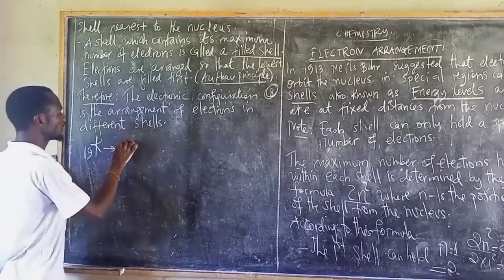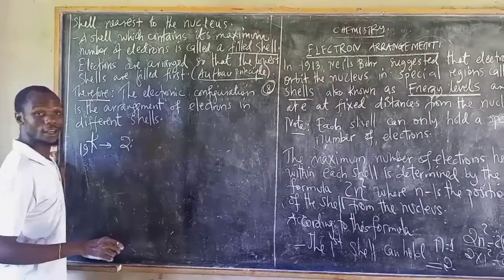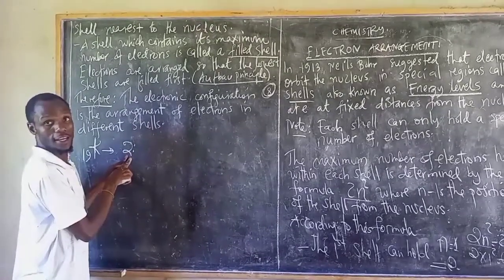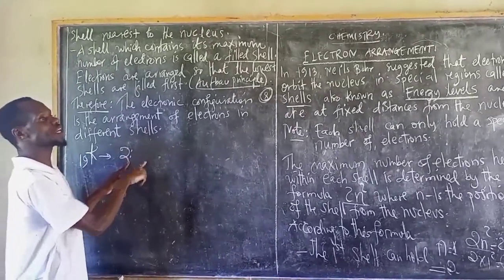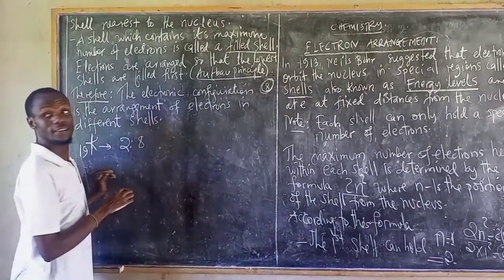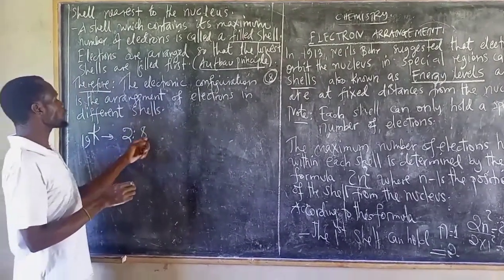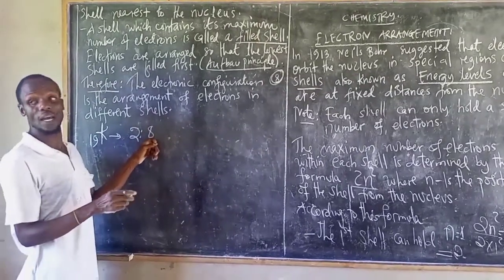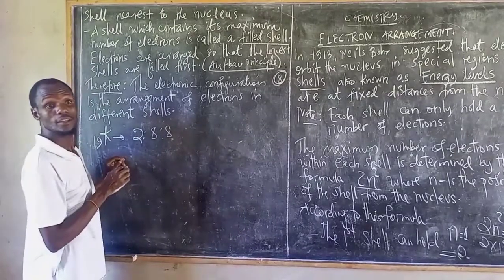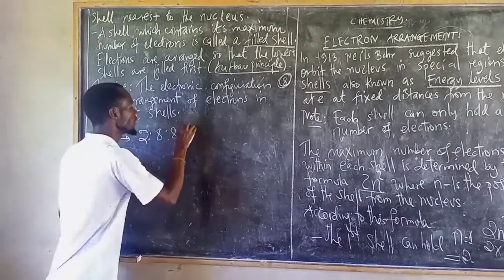The first shell takes 2 electrons, meaning you must fill the first shell first. Then the rest of the electrons are taken to the second shell. That is 8. So you have to fill the second before you go to the third one. Then once you have finished it, this is it.